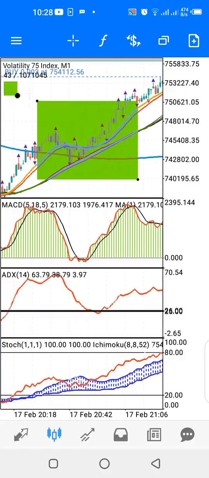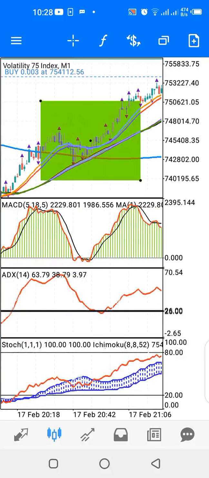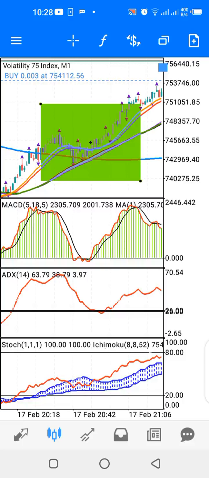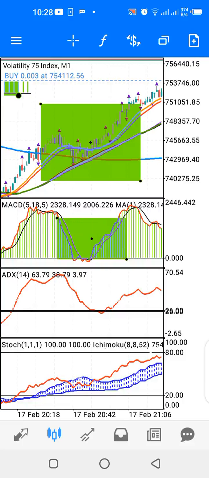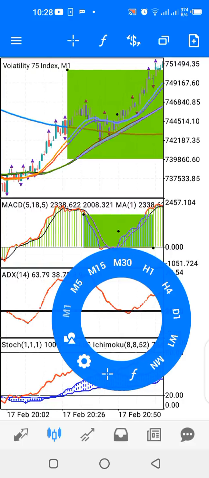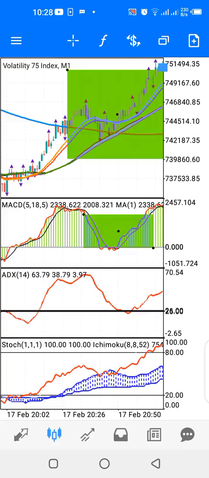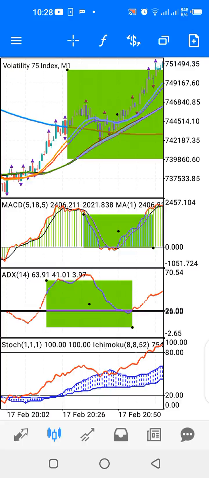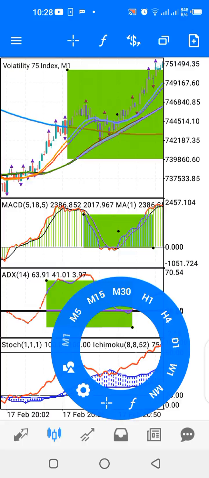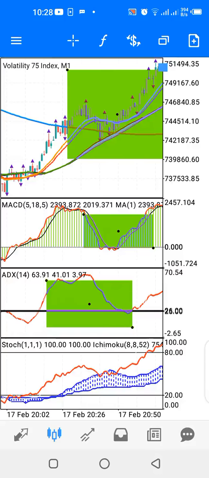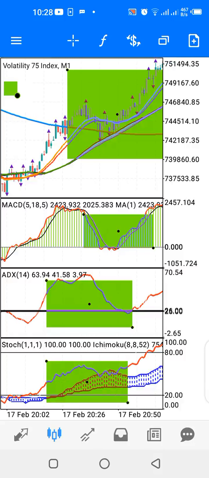This is my main window. I have indicator window 1. I have indicator window 2. And I have indicator window 3.